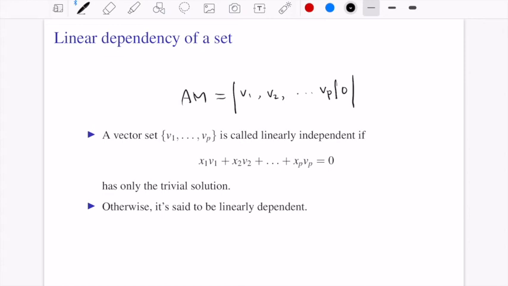So this augmented matrix has a unique solution if and only if there's no free variable. All right, that gives me the next slide.